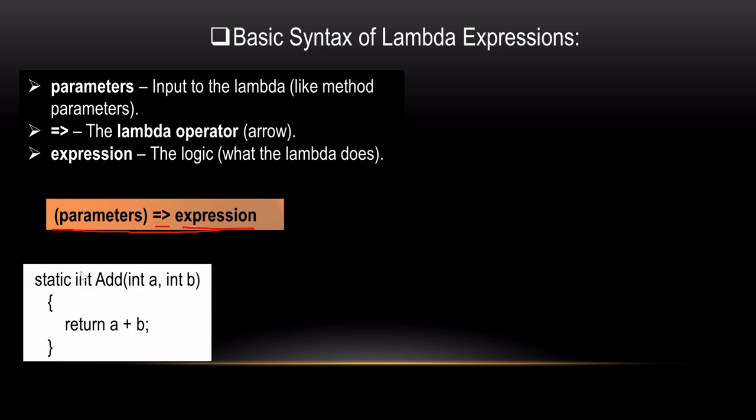Here is a normal method we write, the method name is add, and we pass input parameters. Similarly, these input parameters go here in the parameter list. Next is the lambda operator, the arrow, and then the expression. In the expression we write what this method actually does.